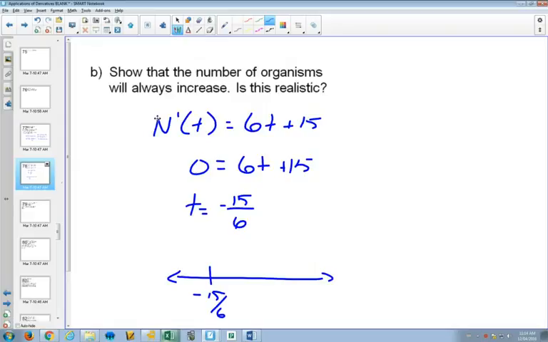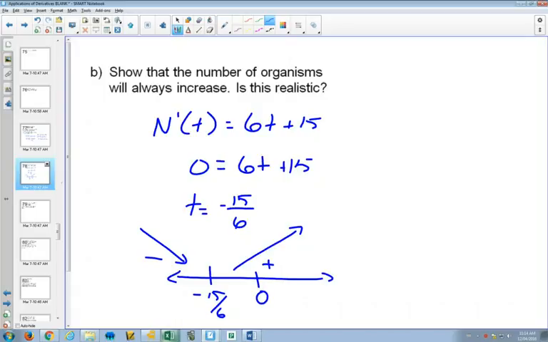As far as your sign diagram goes, if you were trying to show where this function is increasing and decreasing, plugging in something less than negative 15 over 6, it's decreasing here, but anything after negative 15 over 6 is increasing. And the only number we're really concerned about is when time is equal to 0, because everything before that doesn't make sense.